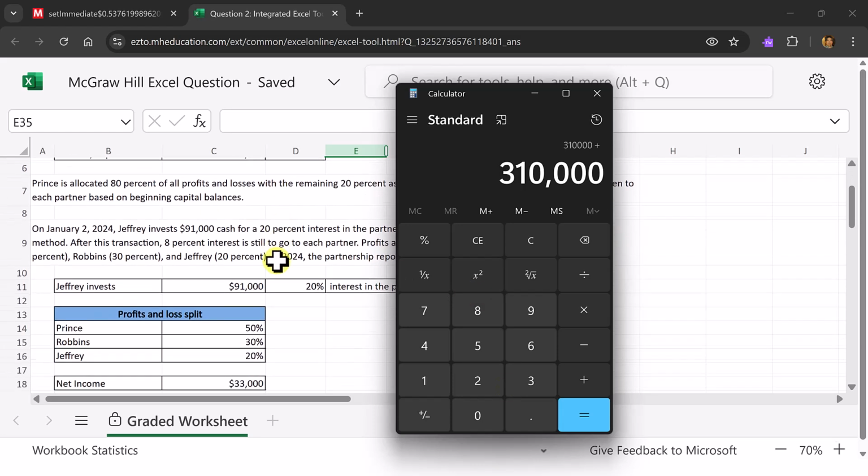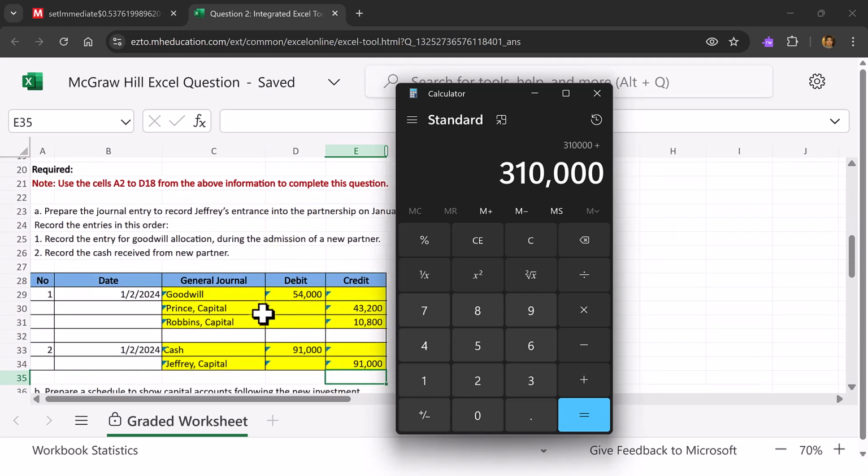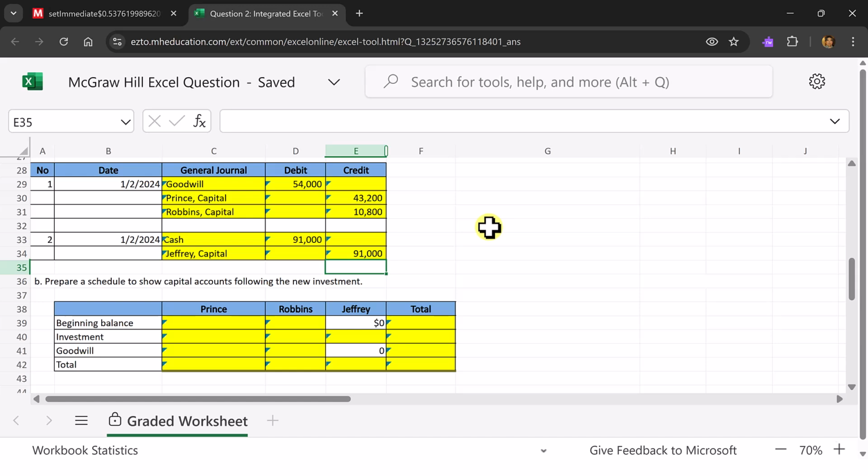Well, we just recorded a goodwill asset, 54,000. And then Jeffrey's contributing cash asset, 91,000. So here is, again, remember this number? The total value, all of the assets of our new partnership after admitting the new partner. Okay, so it seems like I'm reconciling things here. Okay, and we'll see that same number again.